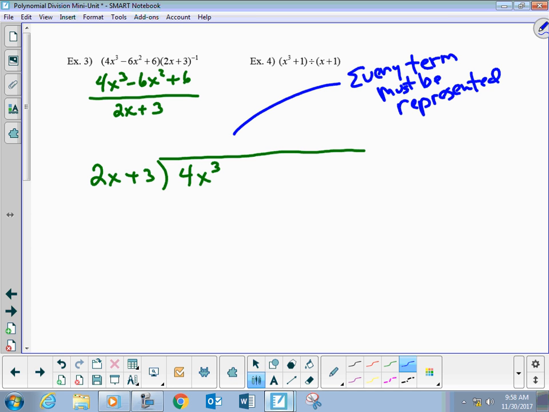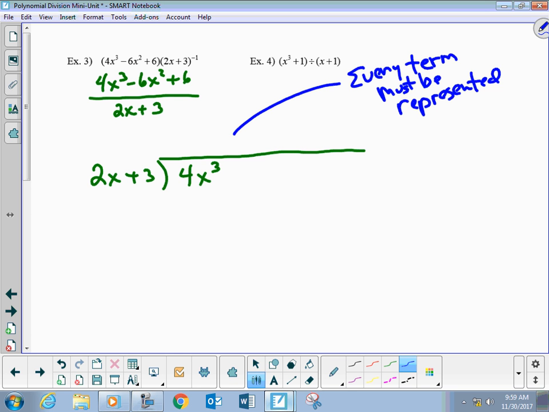Now, what I mean is, x cubed is my biggest exponent. So I must have the x cubed and everything below it in the problem. I must have an x squared term, I must have an x term, and I must have an x to the 0 term, which is the number part. I must have every term.